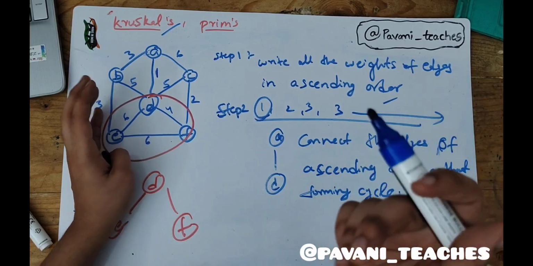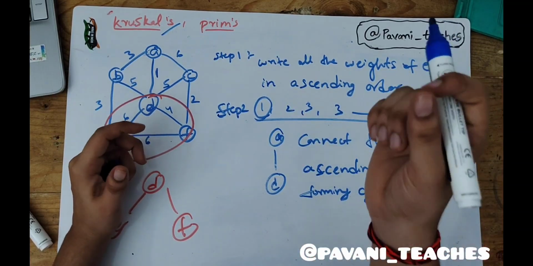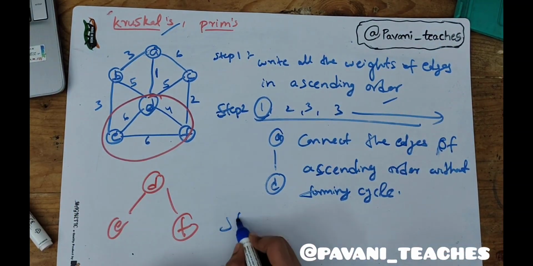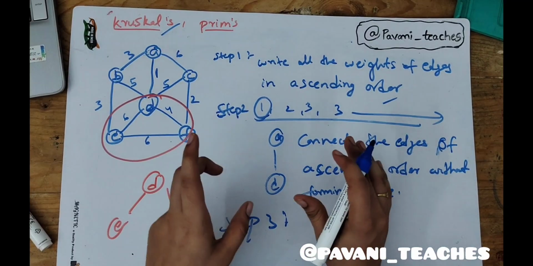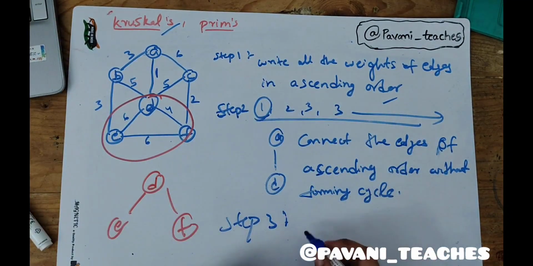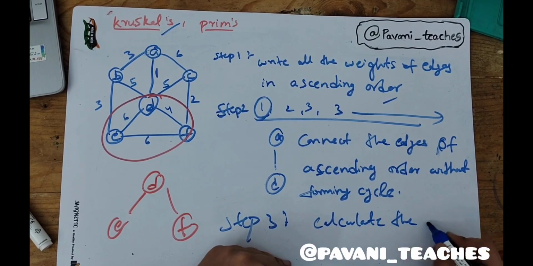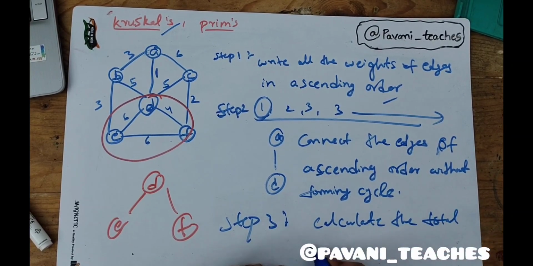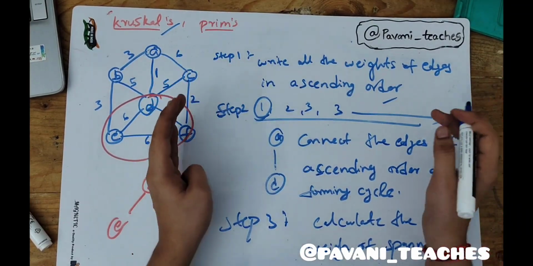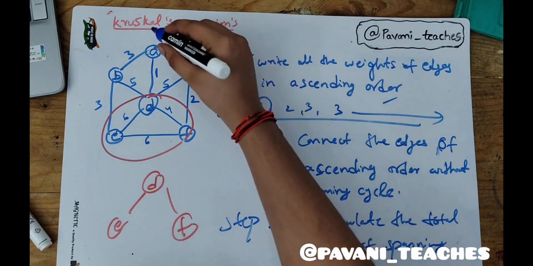Then step 3 is to calculate the total weight of the spanning tree. Just simple 3 steps to solve Kruskal's algorithm. These are the main 3 steps that you have to follow while solving Kruskal's algorithm.